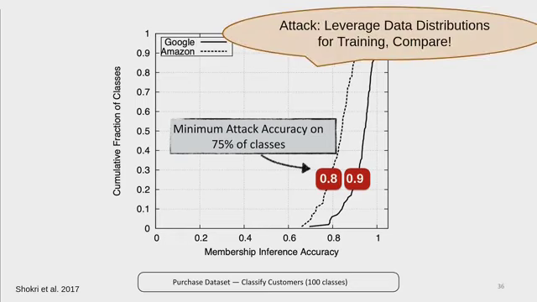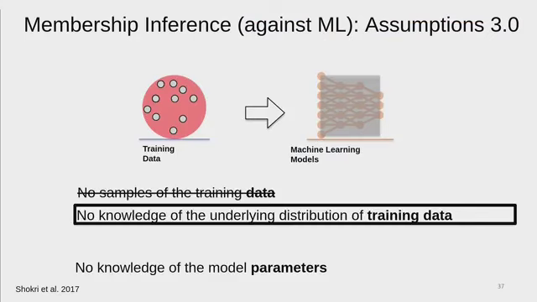So we leverage the data distributions for training, and we again compare, getting some kind of feedback in this example. So we don't actually need the data set and can use this for training and then for the attack. So far so good.